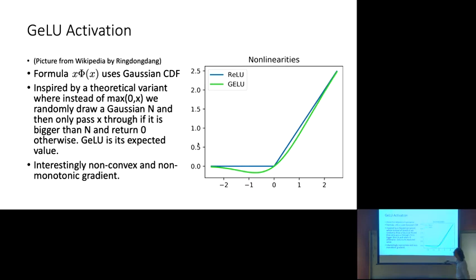So if you do this function, which is, if x is greater than n, where n is a random Gaussian, return x, otherwise return 0, and you take its expected value, you'll get this. So it's kind of how someone could have thought of it. When you first look at it, it looks totally bizarre. Like, why would you do this, right?